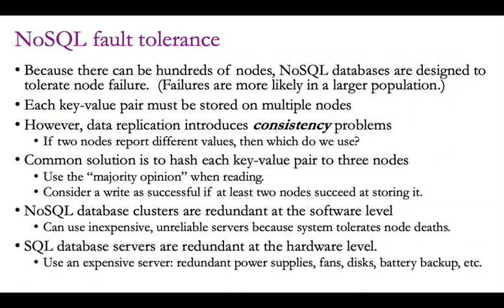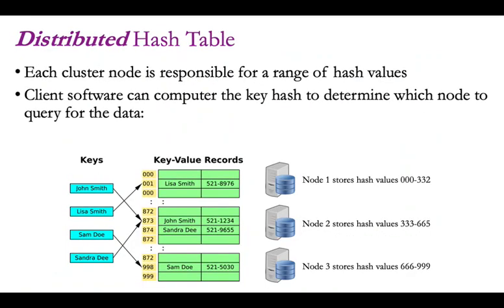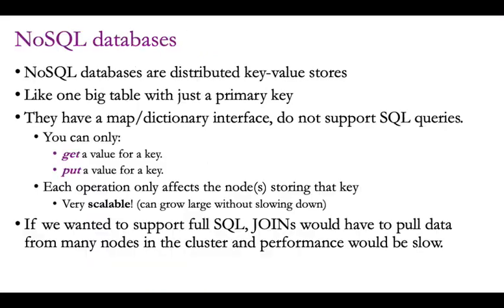I mentioned before that the hash function tells you what location the data is stored in. In reality, you might apply 3 different hash functions to figure out 3 different locations, or you might have a rule that you store it in one location plus the 2 bordering locations, so that any one piece of data is stored in 3 different locations.